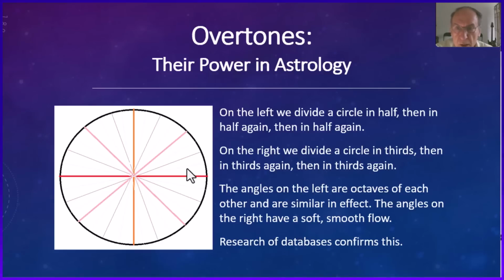Now, what if Mars is on the left side, but Jupiter is above, 90 degrees from Mars instead of opposite? So we take the 180 degrees, we cut it in half. When you take an angular distance and cut it in half, that's going up an octave. It's exactly what happens with a string.